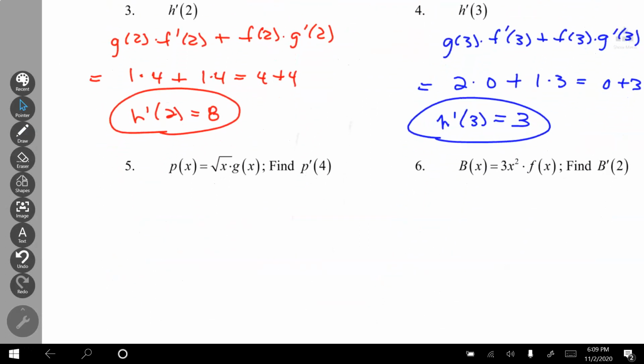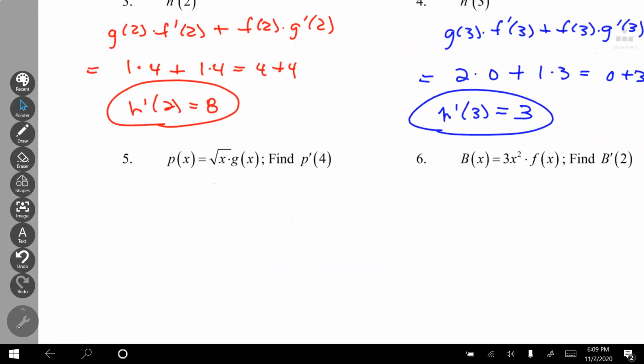So how about when we have a function times a function where it's not just the functions that are from the table. So right now I have the square root of x is one function, or x to the 1/2, and that derivative is 1/2 x to the negative 1/2, and the other function is g of x.